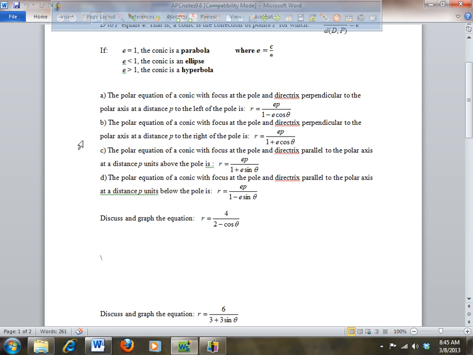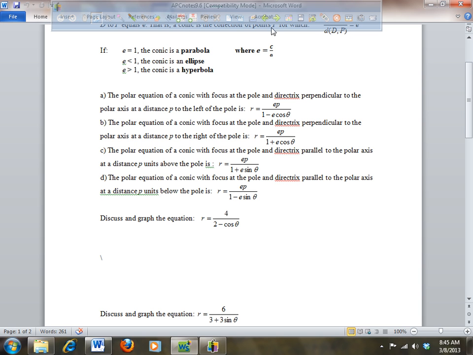How do you know whether it's up or down? Just from p, okay? Because if it's minus, it's to the left. If it's plus, it's to the right. If it's plus here, it's above, and if it's minus, it's below, okay?